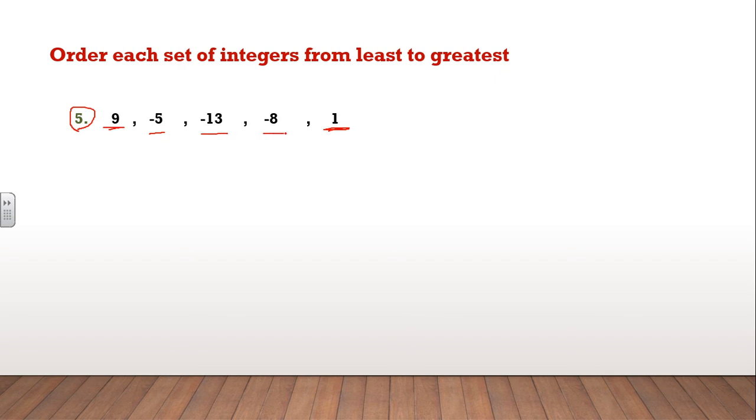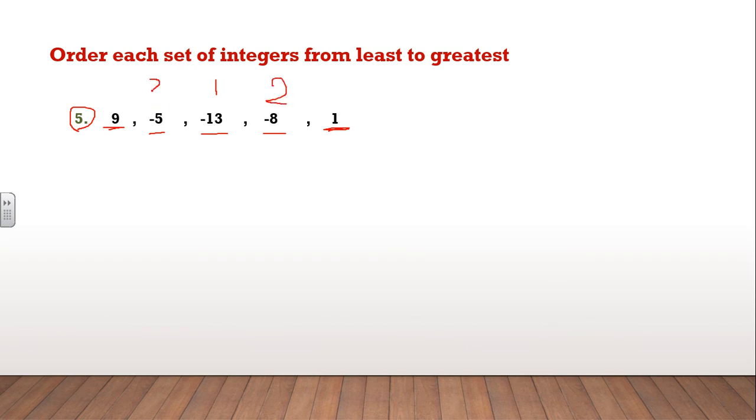The big negative number is the smallest number, so negative 13 will be the first number. Then we have negative 8 and negative 5. Negative 8 is the bigger negative number, so it's the smaller number, so negative 8 will be 2.